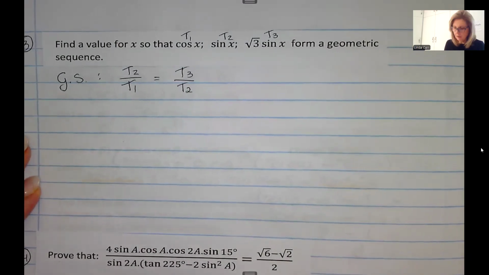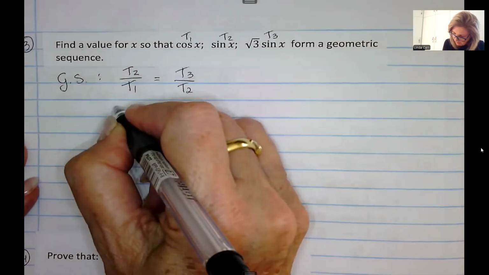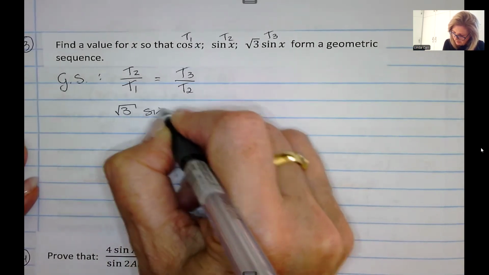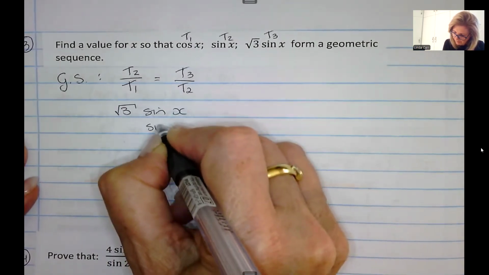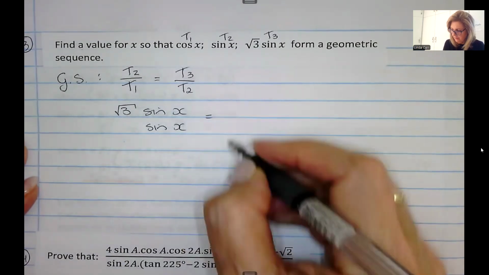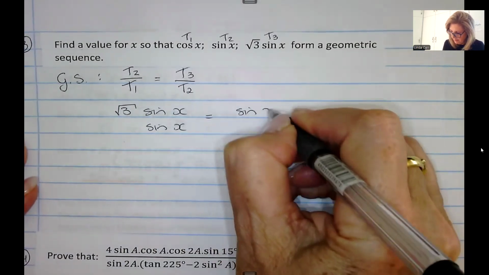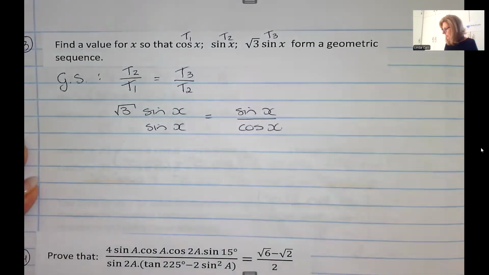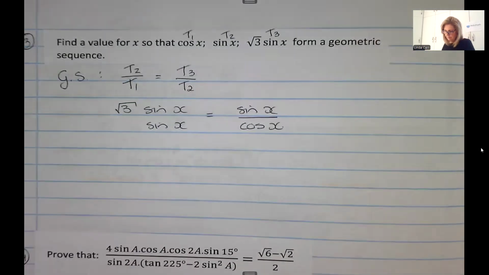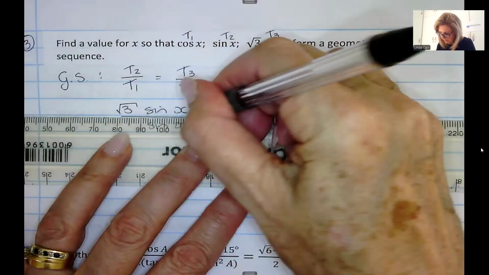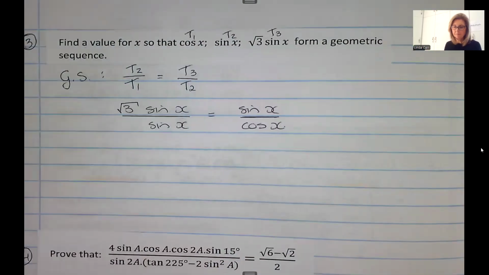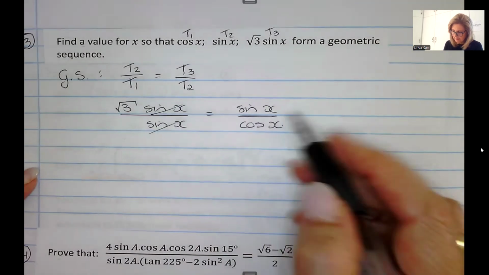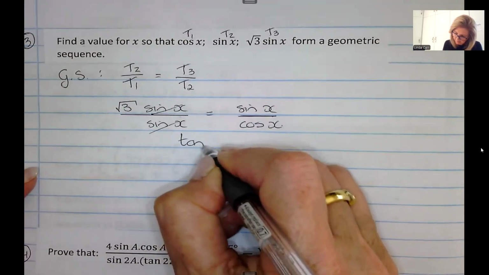And now it becomes a lot less threatening because I'm going to have root 3 sine x over sine x is equal to sine x over cos x. Okay, I've written them back to front, but it really makes no difference. Sine x is divide out. This is tan x.